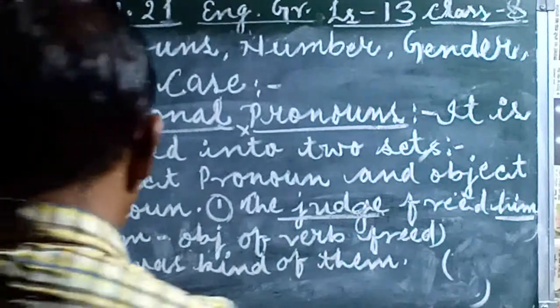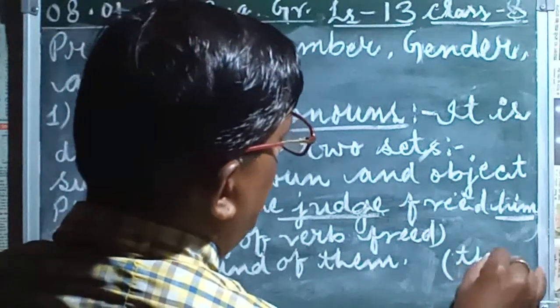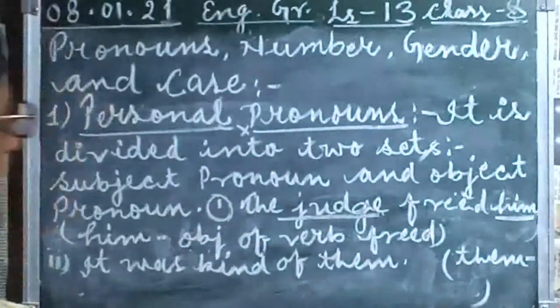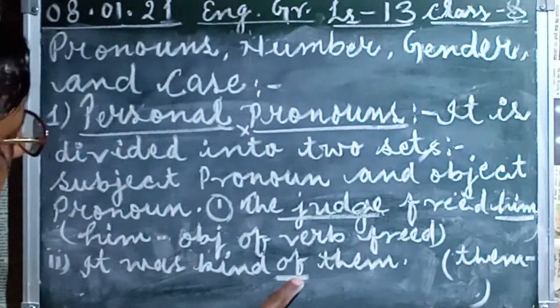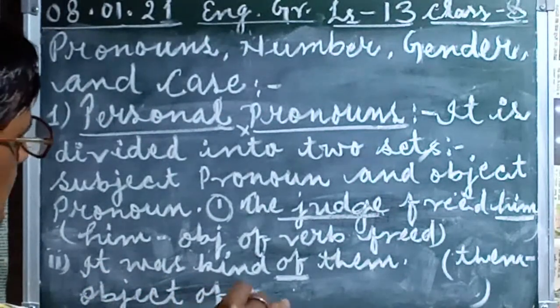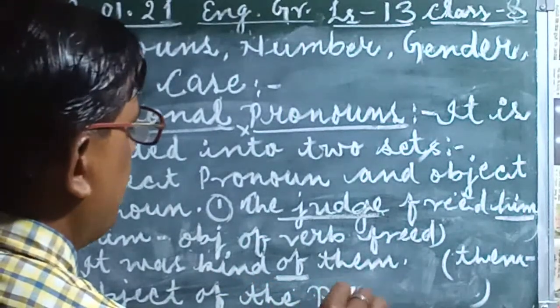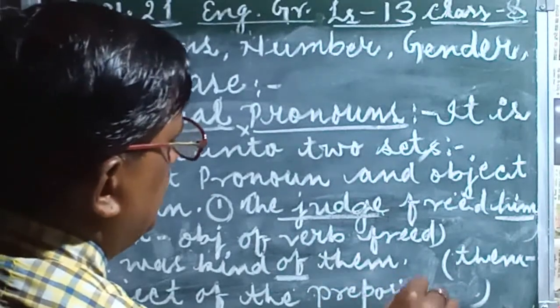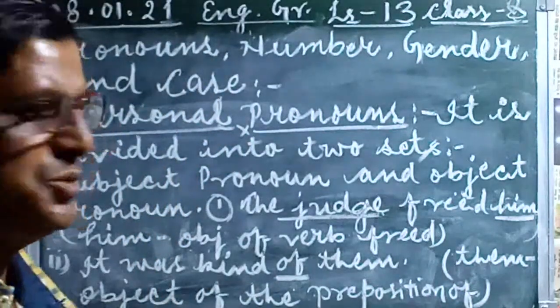Them is a pronoun, and it is used as an object in the sentence, the object of the preposition of. Given this, I hope this is confirmed to you, children.